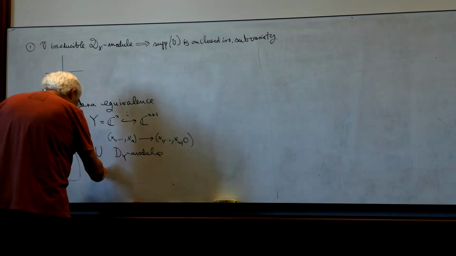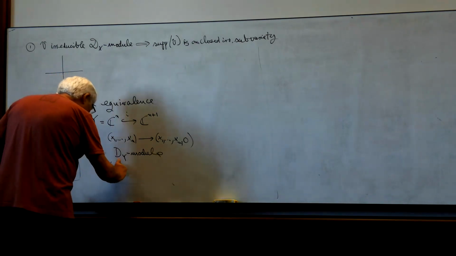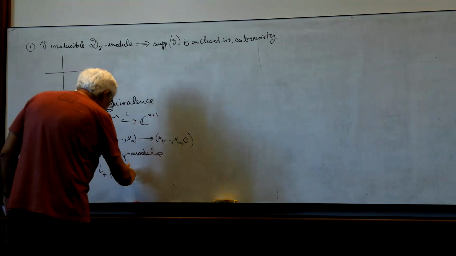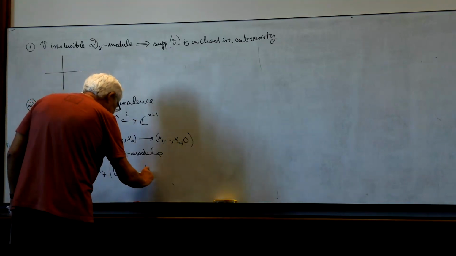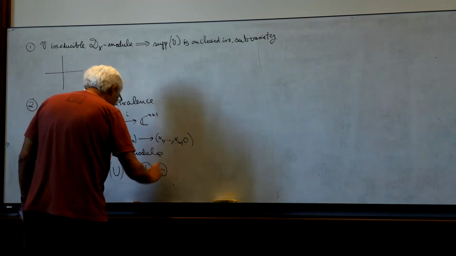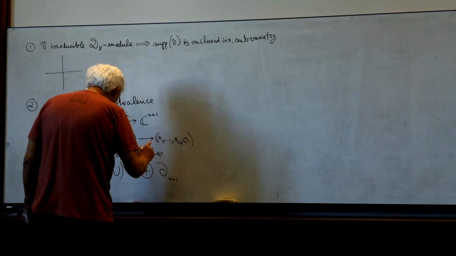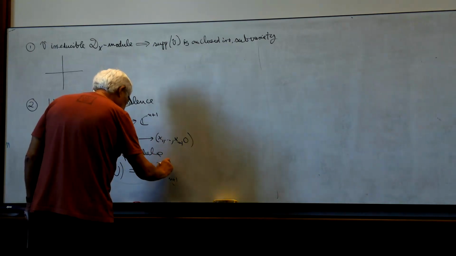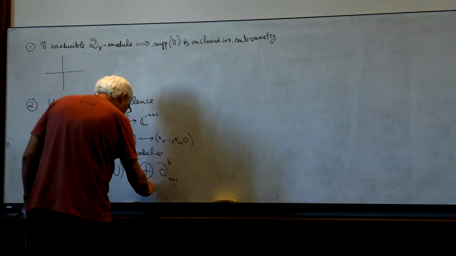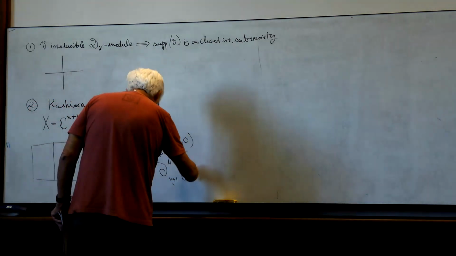Then you can define the module i_+(U), which is just the formal sum of ∂^k_(n+1) U, where k goes from 0 to infinity.